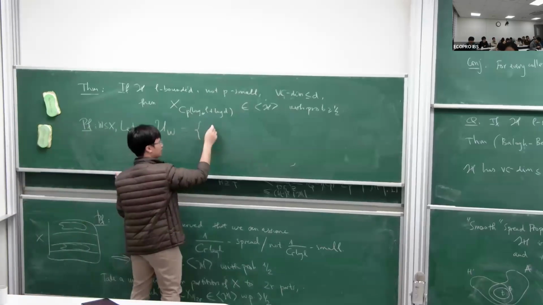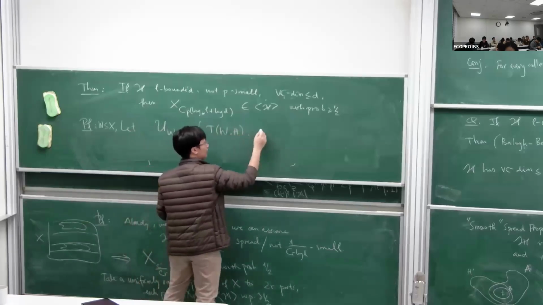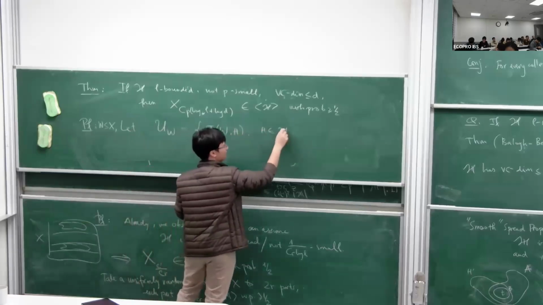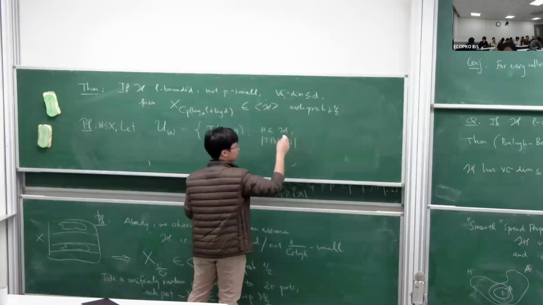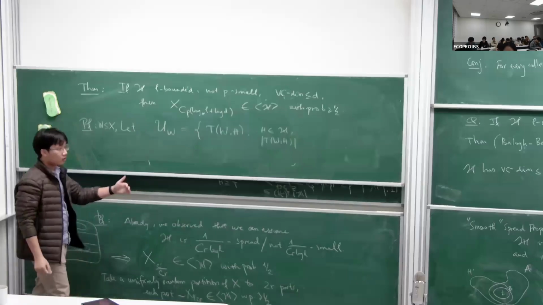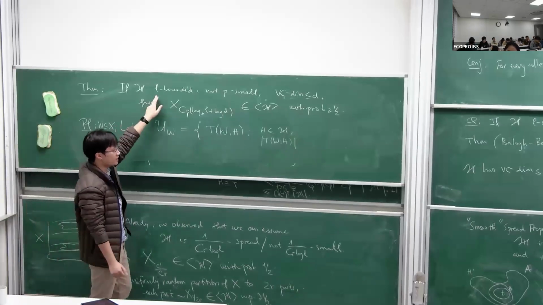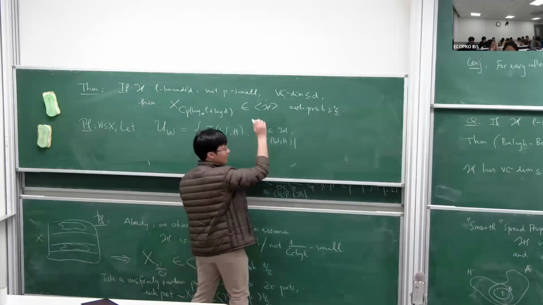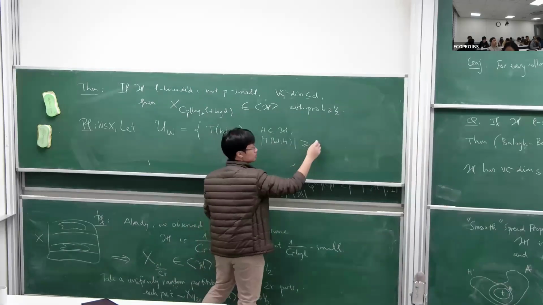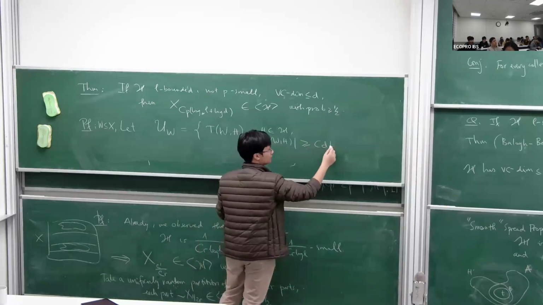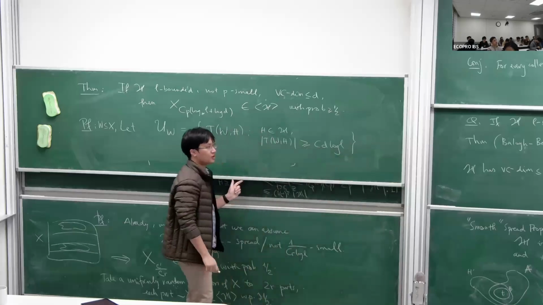This will be the family of all fragments T(W,H), where H is some set from the family H, and the size of T is too large. Before, too large meant larger than a half fraction of the uniformity L. It turns out that under bounded VC dimension, we can push too large down to roughly some constant times D times log. So this is why you get the log star.